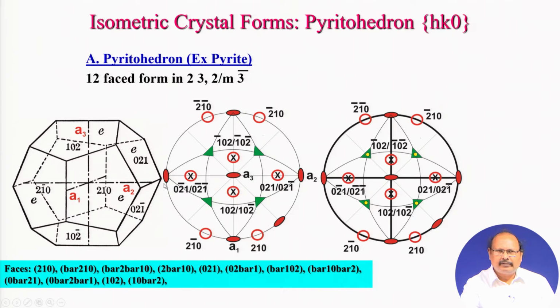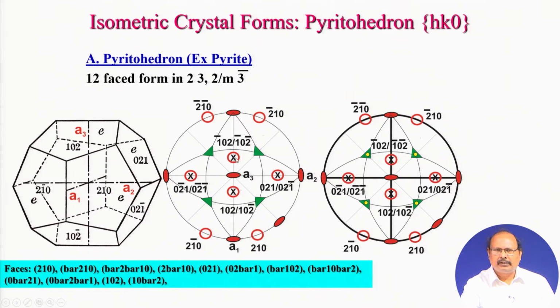Now, you also have this horizontal two-fold axis, one passing through this and another horizontal two-fold axis passing through this. What will happen here? This particular horizontal two-fold axis will act upon this face here, that is 1 0 2, and after 180 degree rotation, this will be repeated here a face which will intersect the negative direction of the A3 axis, and the symbol of this will be bar 1 0 bar 2, and this has been shown by this cross here.